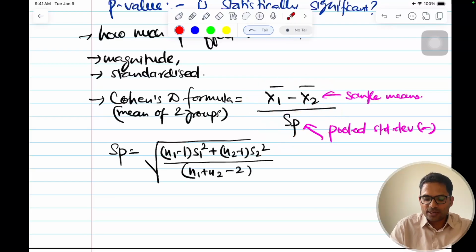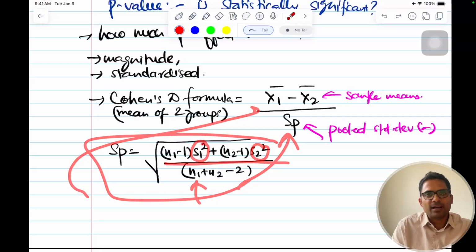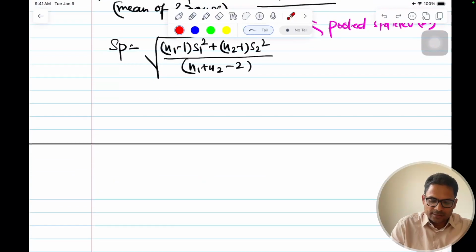Standard deviation has the same unit as the thing we are measuring: if it is in centimeters, this will be in centimeters; if it is in rupees, this will be in rupees. So the ratio is unitless. You know the sample sizes and the sample standard deviations, you plug them in, and you get a value. Generally this value varies from 0 to 1.